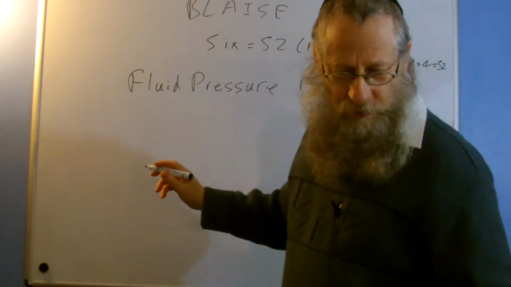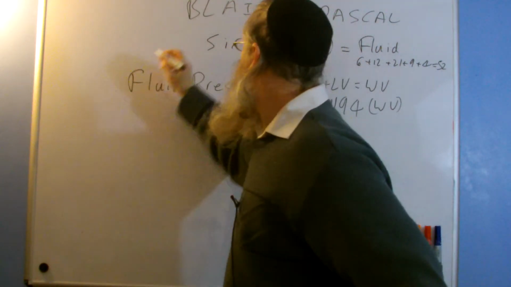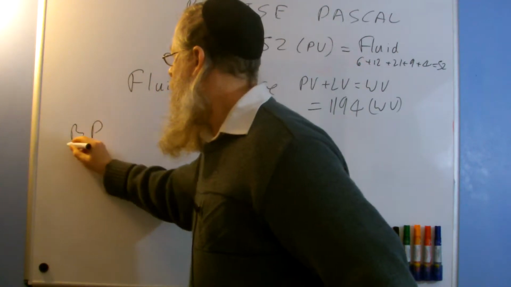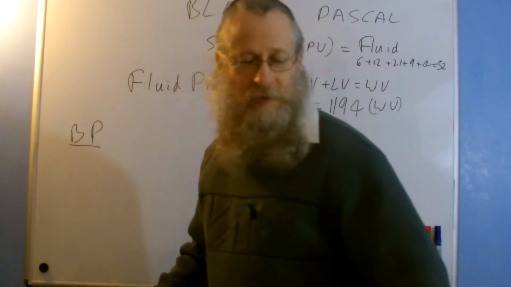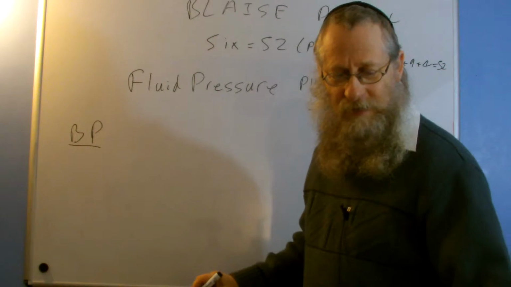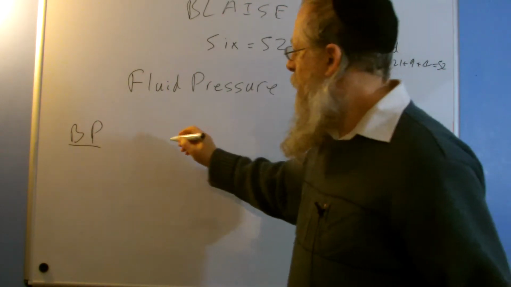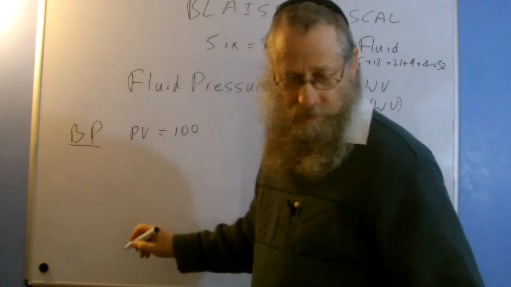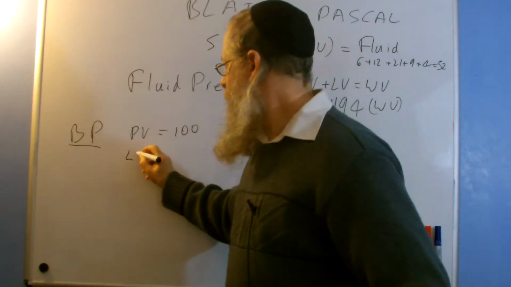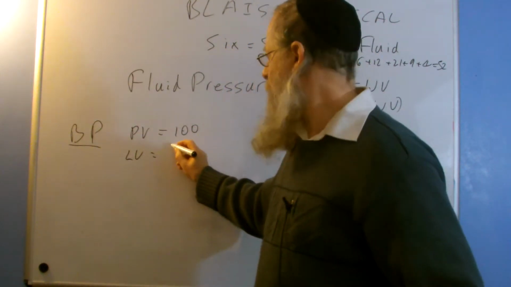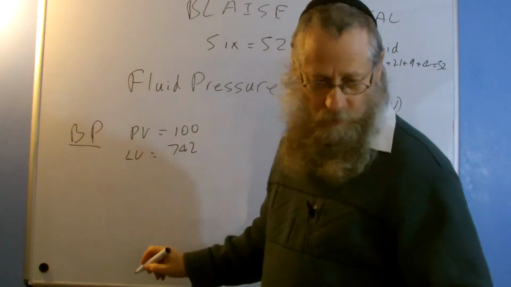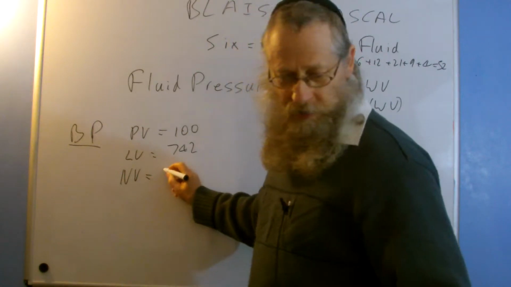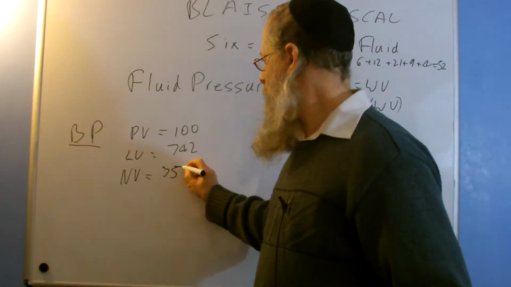And then if we were to take Blaise Pascal, his full name, I just make it short, BP, that's not British Petroleum, Blaise Pascal, and we're going to work out the placement value is 100, the large value is 742, and we're going to work out the normal value, which is 352.